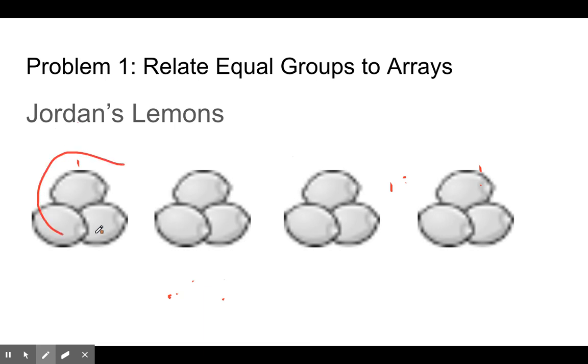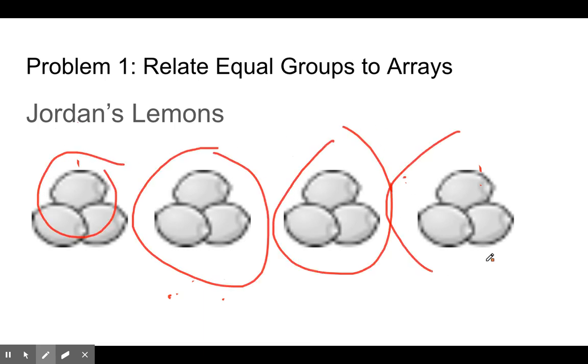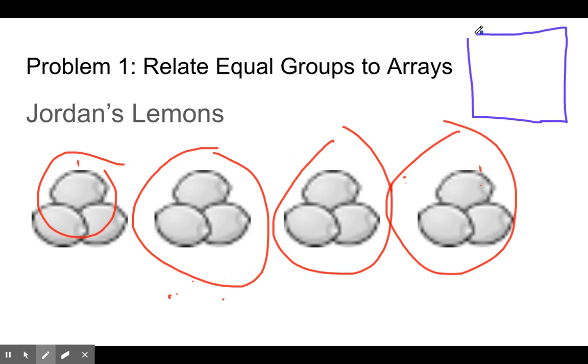So we have 1, 2, 3, 4 groups. Remember from yesterday, when I draw an array, I draw an empty square first. Now, how many groups do I have of lemons?